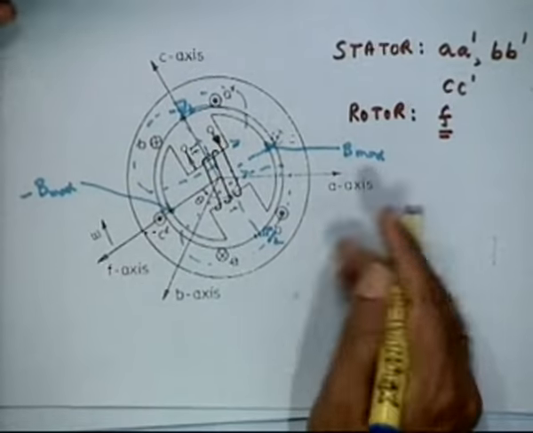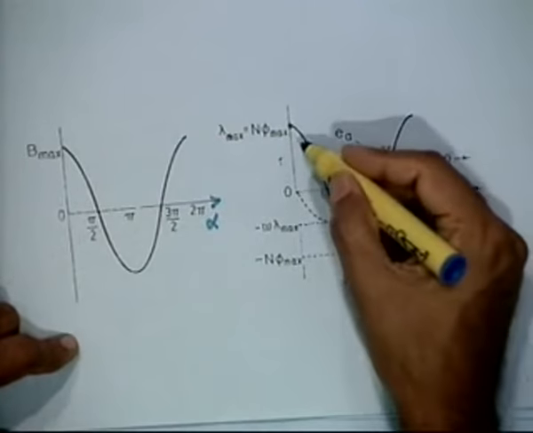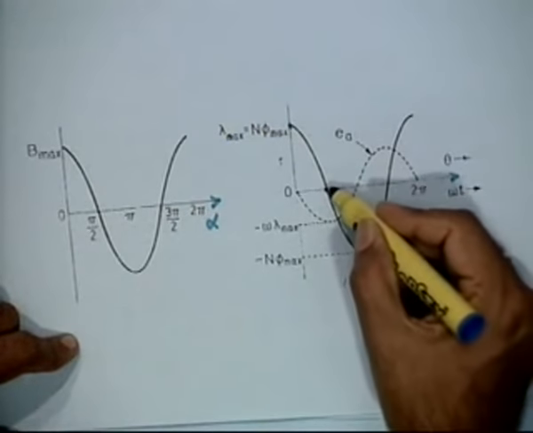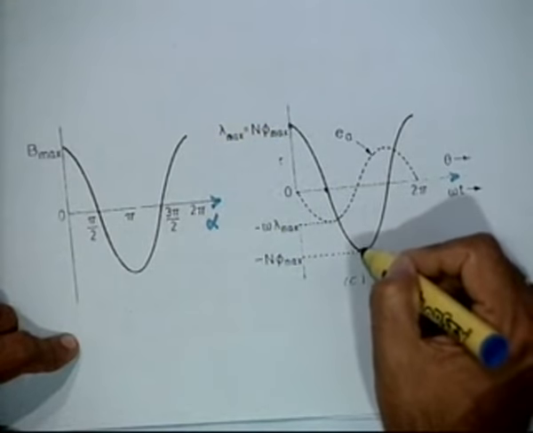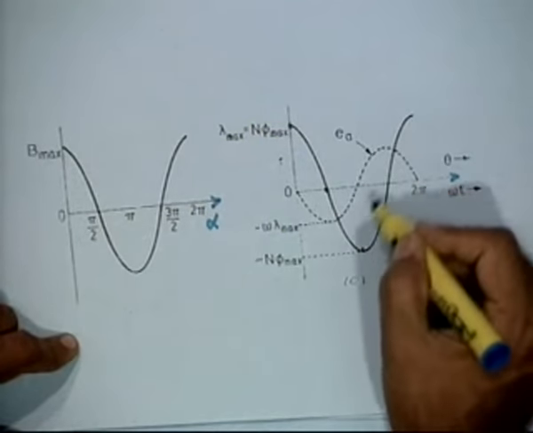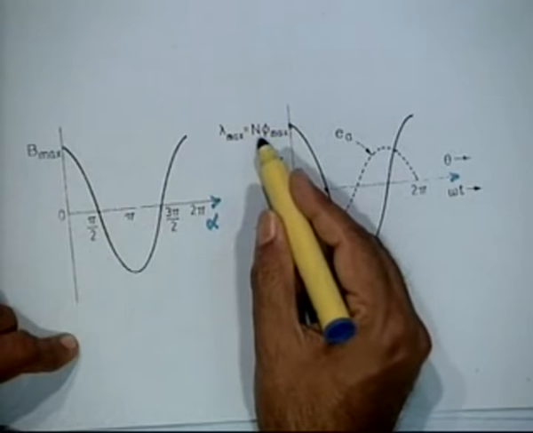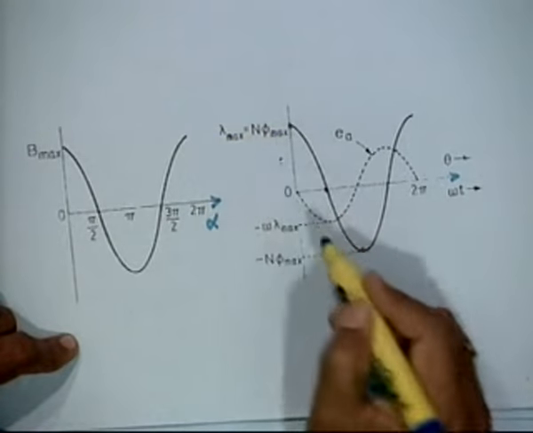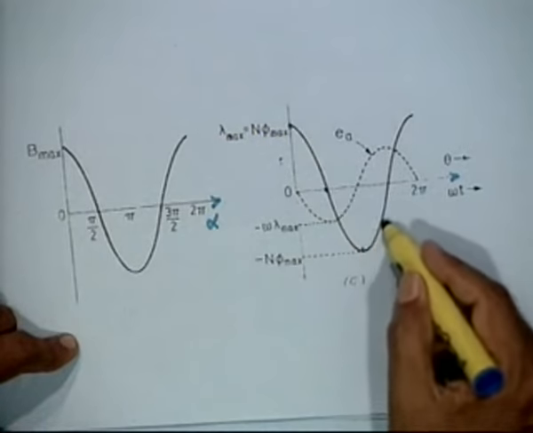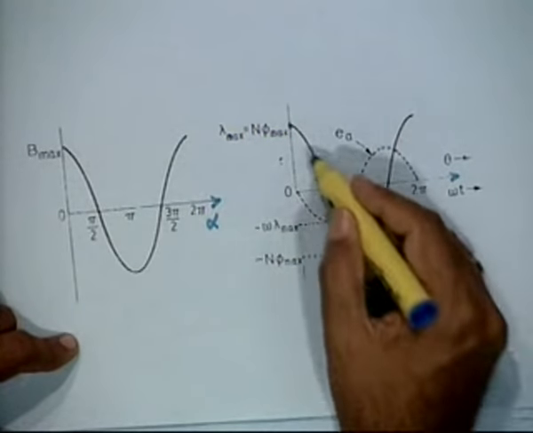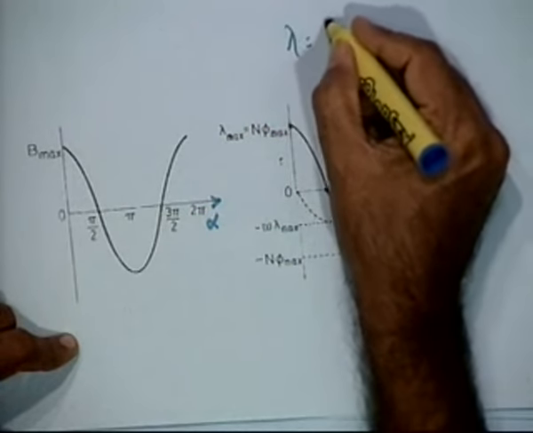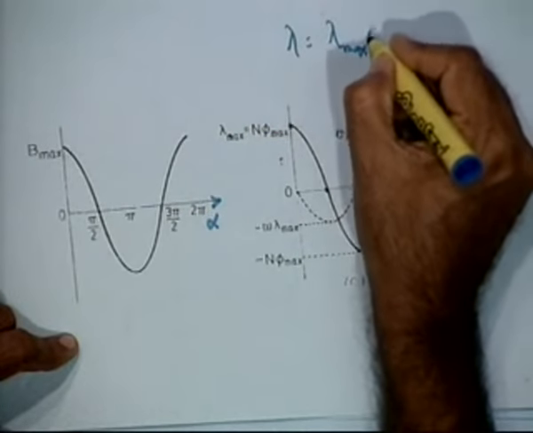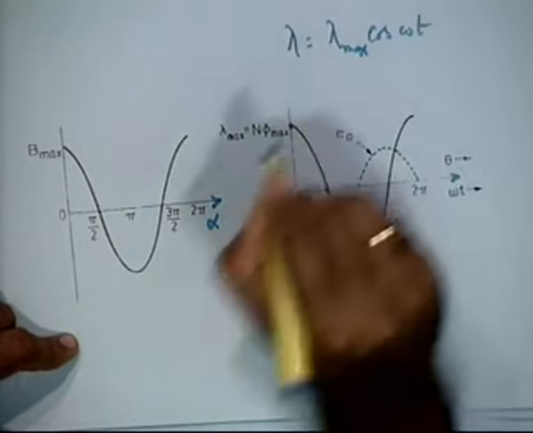Now, that is varying, and that flux linkage will become 0 at 90 degrees, or omega t is 90 degrees, then minus lambda max. And this will be N into phi max, where N is the number of turns in the A phase. So you will have lambda varying with time as lambda max cos omega t.